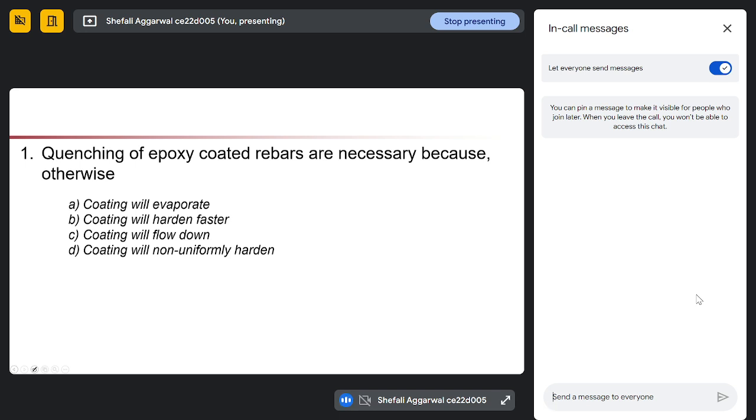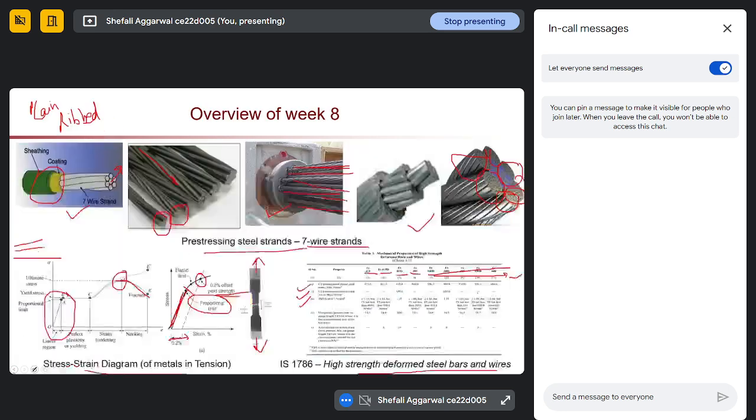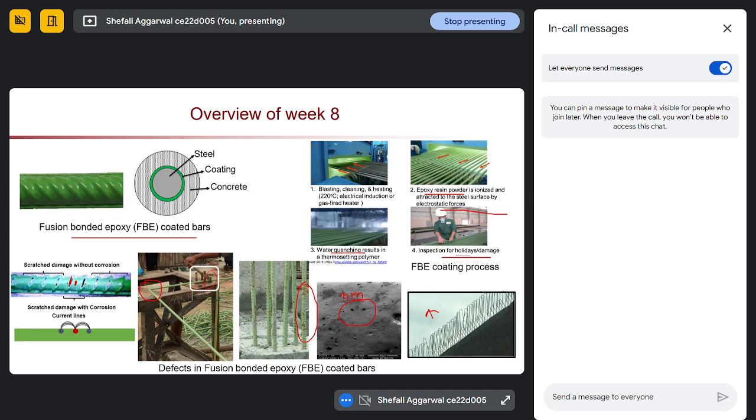So quenching is the last procedure which we are doing. When our coating is done, we will quench it with water. You remember this step. So this is the last step after coating is done. We are quenching it with water.